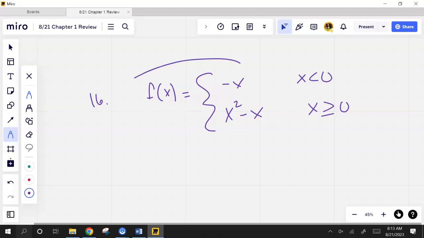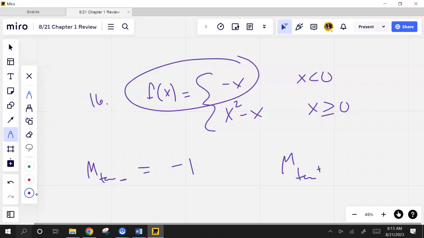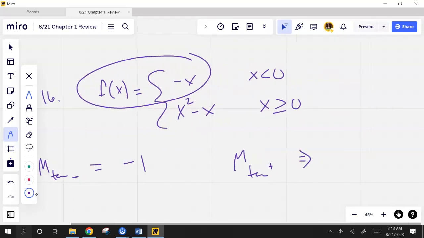So I'm looking at the slope of the tan line of negative x. It's -1, right? And then this would be from the left. And then the slope of the tangent line from the right, well, this is the one that I'm going to need to go through and do the difference quotient for, right?